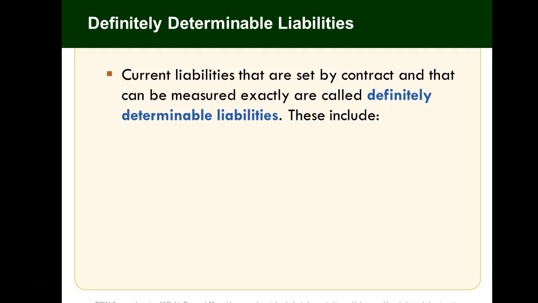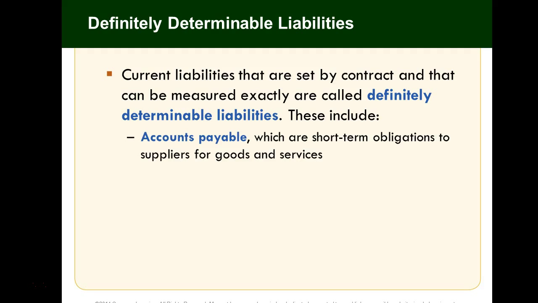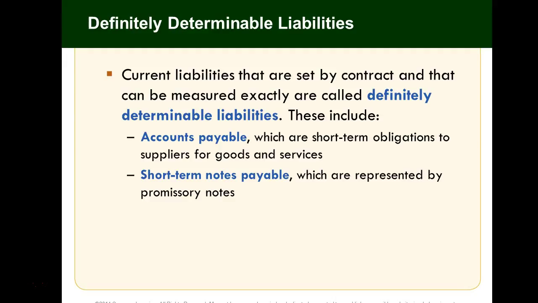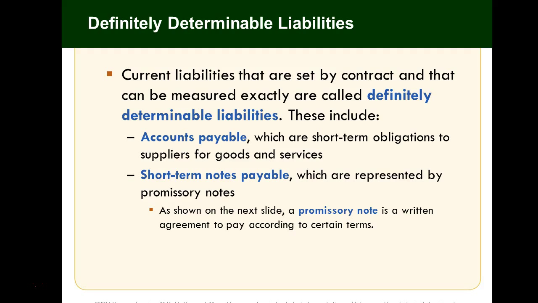Current liabilities that are set by contract and can be measured exactly are called definitely determinable liabilities. These include what we owe suppliers, what we owe banks, and short-term notes payable. Promissory notes are notes we may owe banks, an individual, or a company, and usually those notes have a written contract attached.